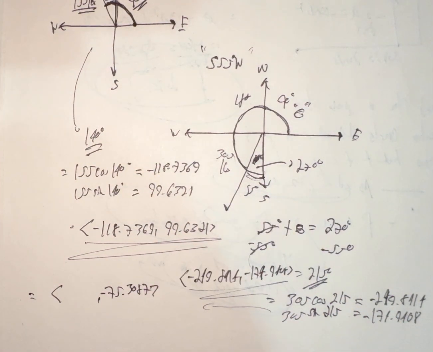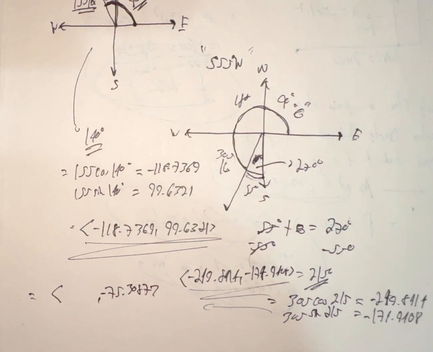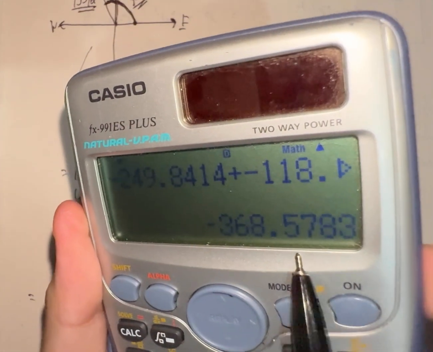Our other one, which is negative 249.8414 plus negative 118.7369, is equal to negative 368.5783.